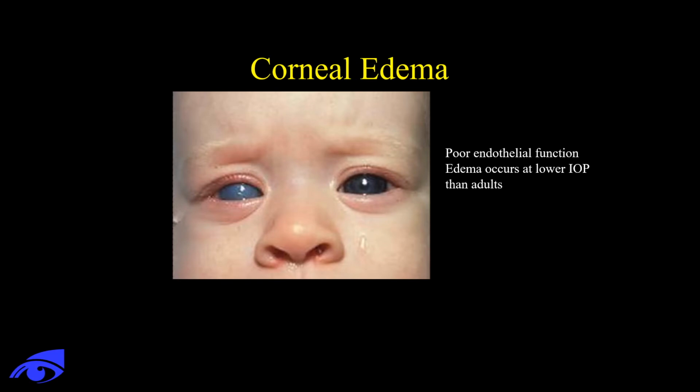This is what corneal edema looks like. The eye becomes hazy, and corneal edema can be very painful. And so frequently we see the child having a lot of light sensitivity and tearing.